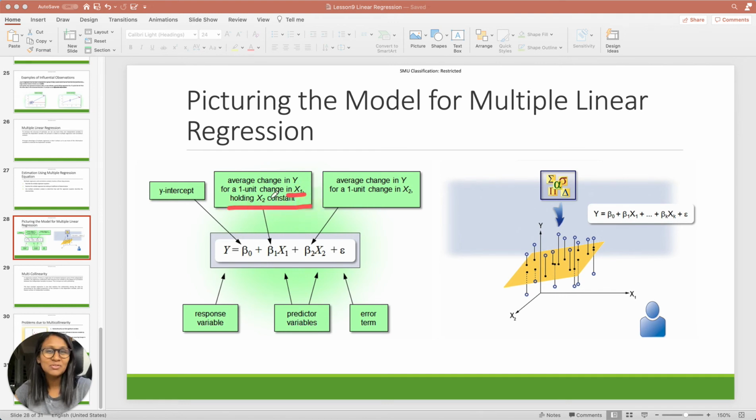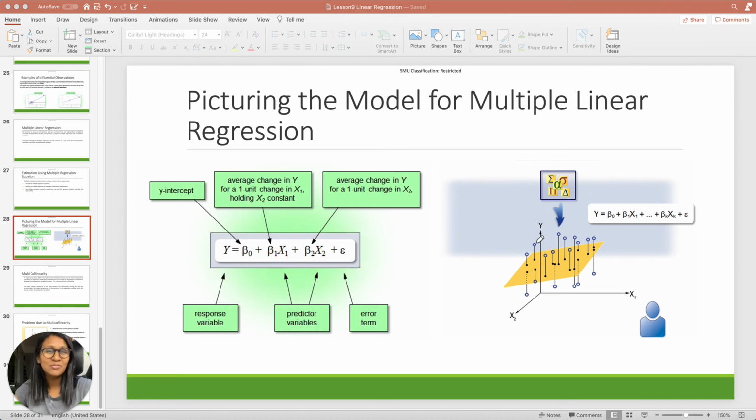Now if x1 and x2 are highly correlated, when you change x1, it is not possible to keep x2 constant. And that is why the tool will anyways give you an equation, but the parameter estimates beta 1 and beta 2 will be very unstable.